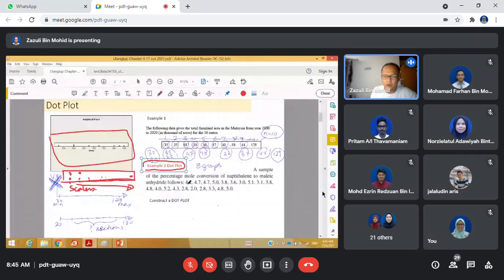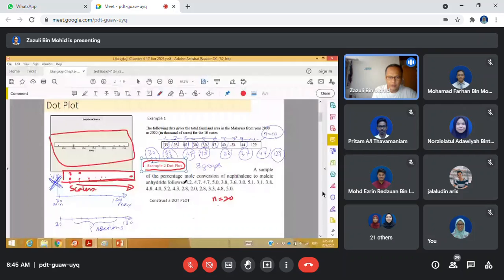We have 1, 2, 3, 4, 5, 6, 7, 8, 9, 10. We have 20 data, and then you can categorize it.